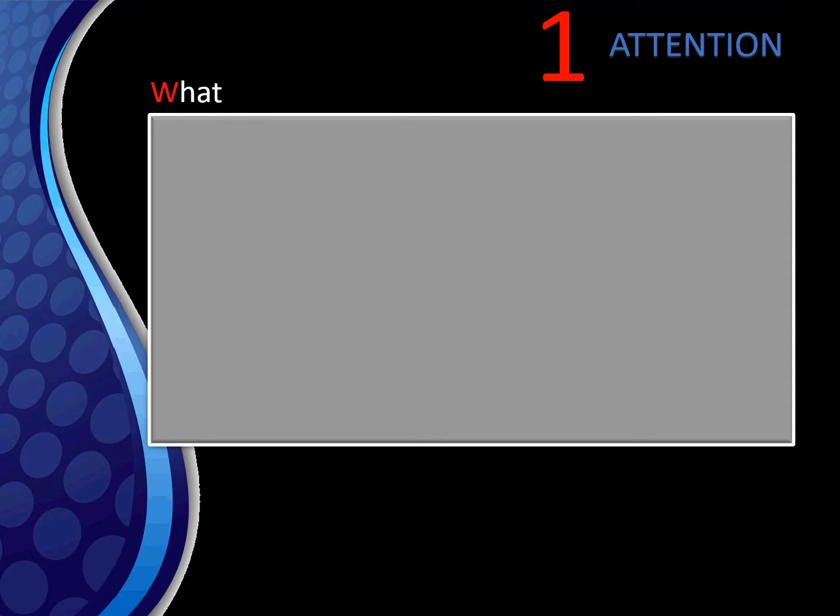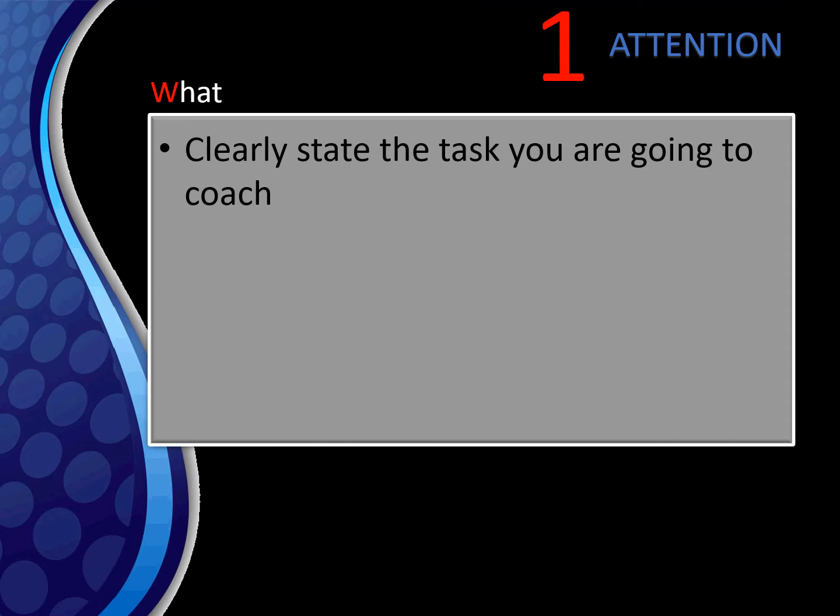Let's look at the attention section in more detail. And we're going to start with the W, what. So in other words, you need to explain to the learner what they are going to learn. When you write the notes, you need to consider the following. You need to clearly state the task that you are going to coach.